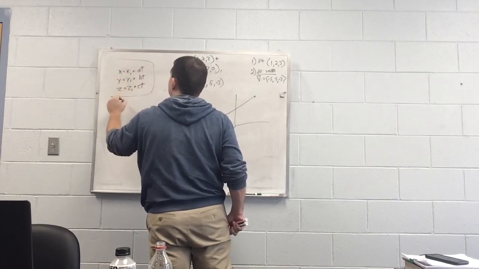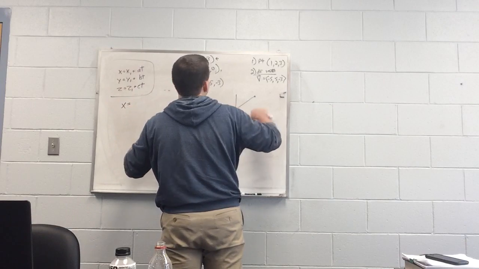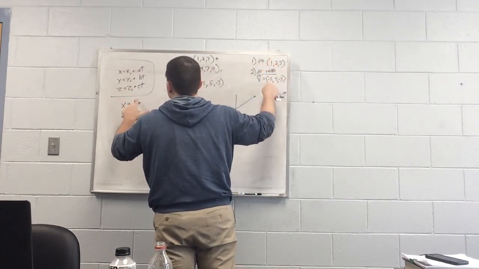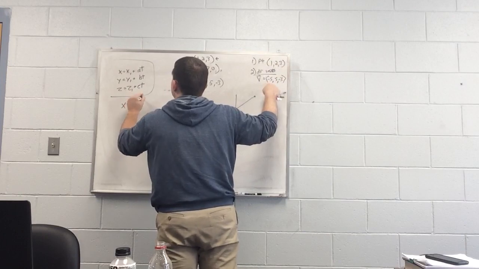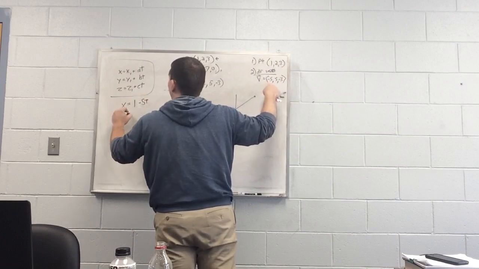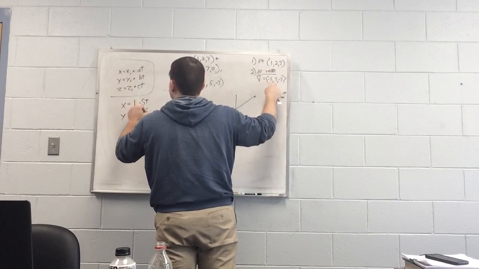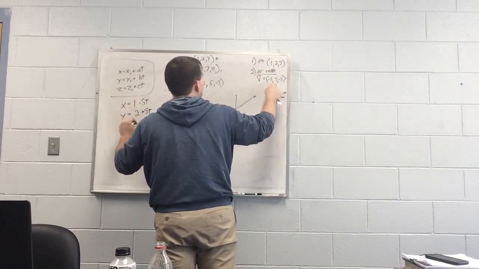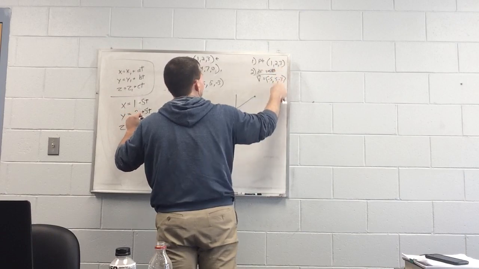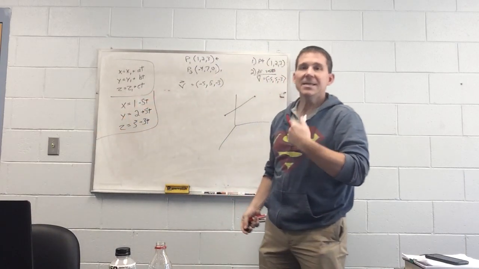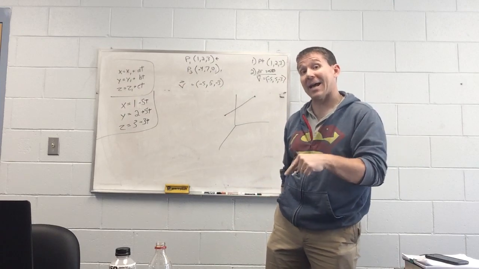If I plug in, I get x equals 1 minus 5t, y equals 2 plus 5t, z equals 3 minus 3t. Now I have parametric equations for the line.